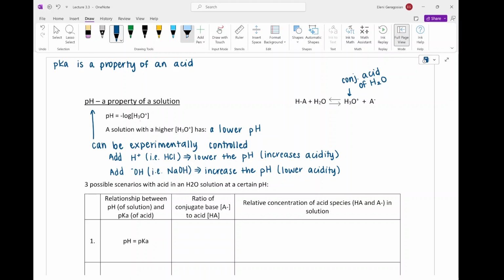So for this first part of our notes, just remember pH, which is calculated with this equation here, can be experimentally controlled. Low pH means more acidic, high pH means less acidic of the solution.